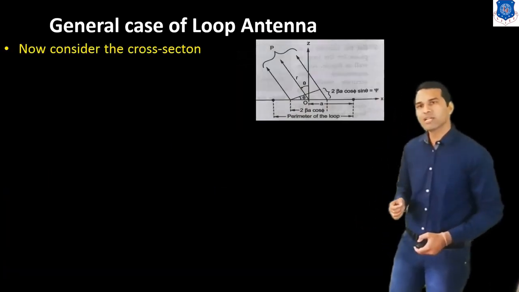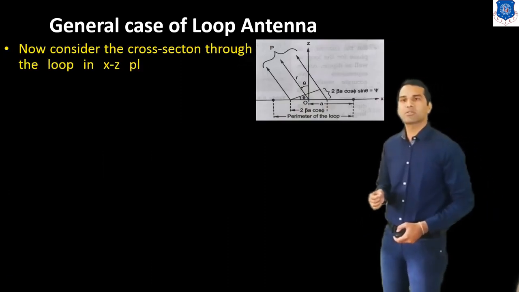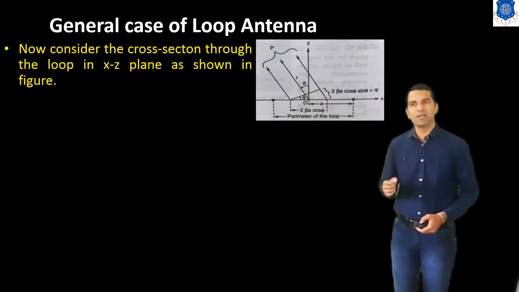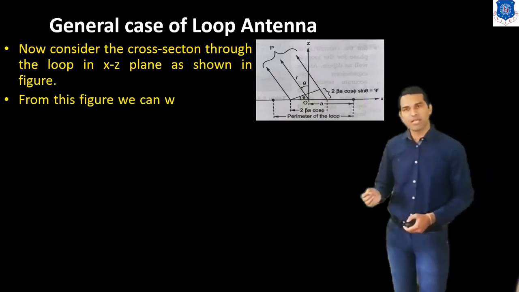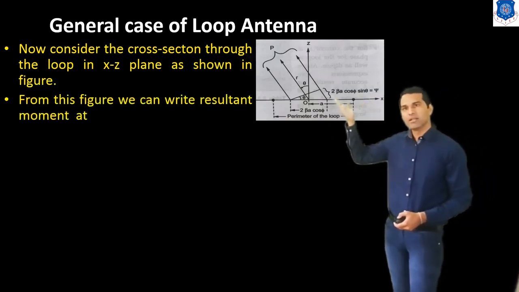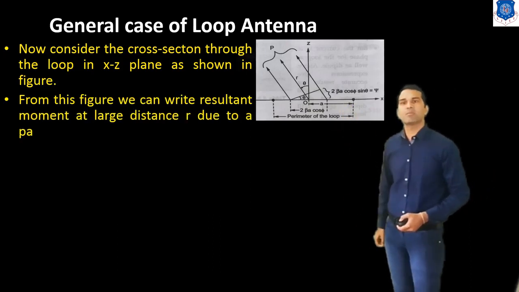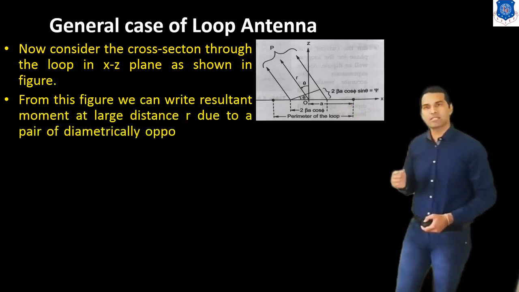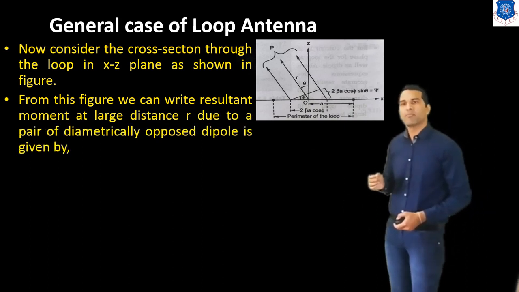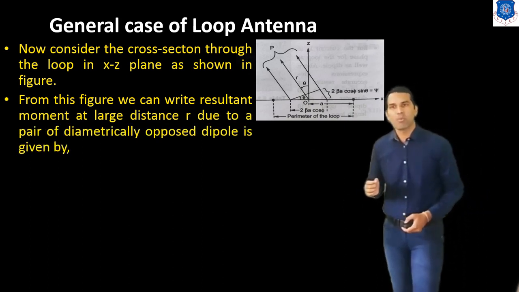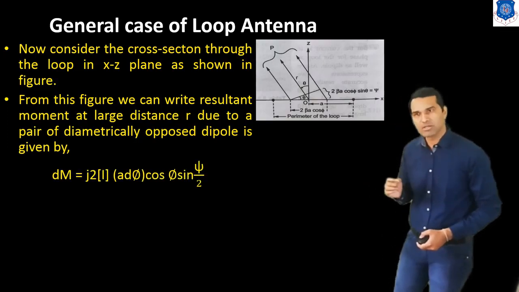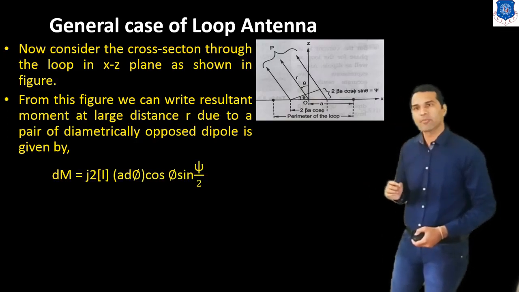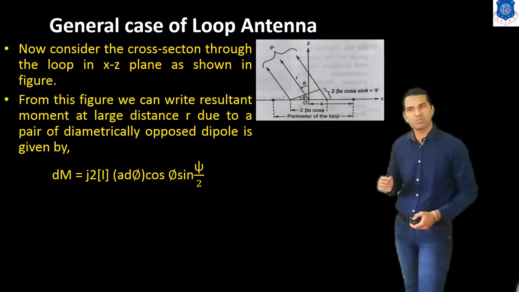Now we consider the cross section through the loop in the axial plane as shown in the figure. From this figure we can write the resultant moment at a large distance r due to a pair of diametrically opposed dipoles as dm equals j 2I a d phi cos phi sin psi by 2.